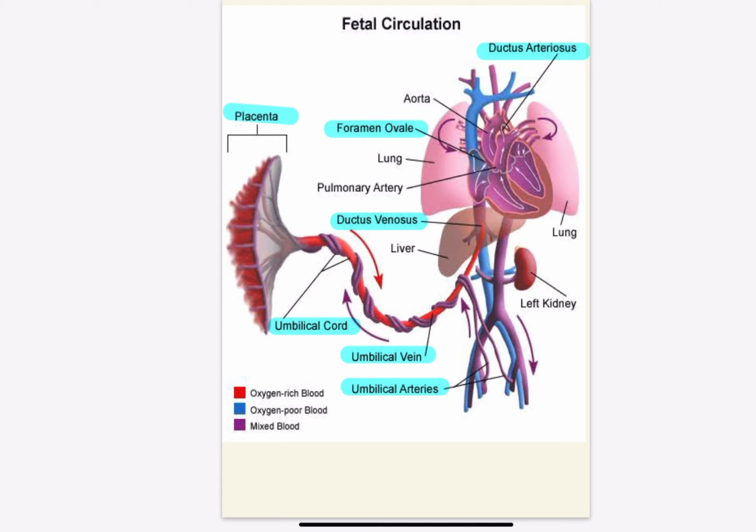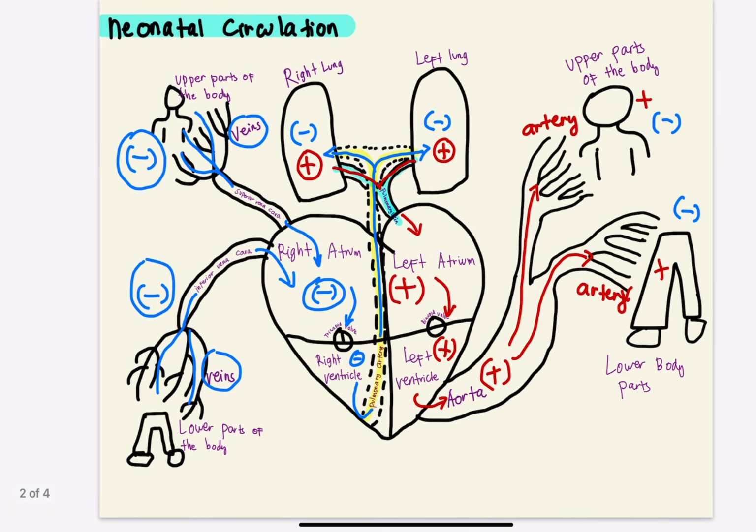Ano pa yung isang difference aside from the fact na marami tayong fetal accessory structure? Okay? Ang isa pang difference po is in the neonatal circulation, dito po kanina, ang center of oxygenation natin ay dito po sa lungs. Okay? Dito po nagkakaroon ng oxygenation. Alright?